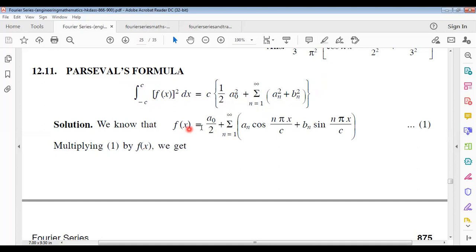So we know the Fourier series f of x equals what? We have been talking about this from the first class. f of x equals a naught by 2 plus the summation n equals 1 to infinity of a_n cos n pi x by c plus b_n sin n pi x by c. This is for any arbitrary interval minus c to plus c. Remember it. This Fourier expansion or series is equation number 1.